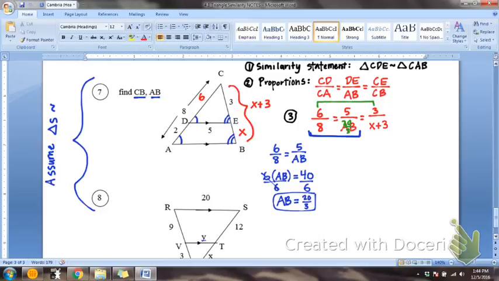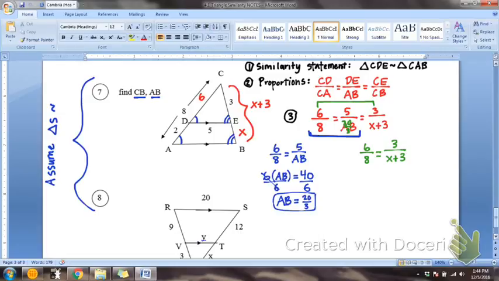We know 6 over 8 for sure. So when we go to find x, we're going to skip over that middle one, which you're allowed to do. And we're going to use 6 over 8 again, because we know that one for sure. It was given to us. Because if we did AB wrong, and we used it to find what x was, then we would get both of them wrong.